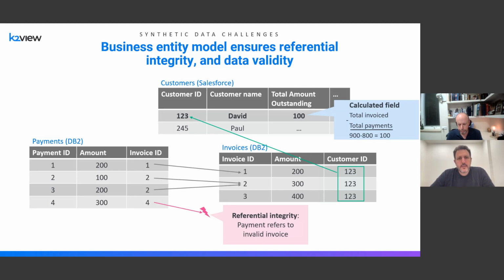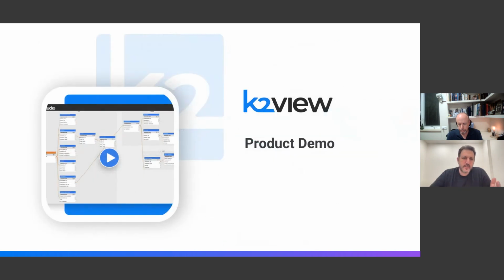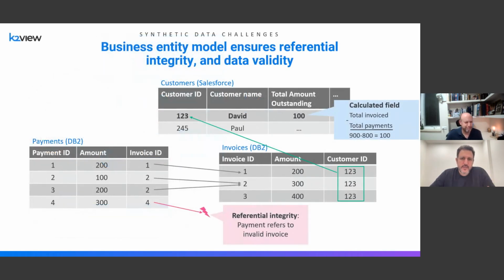It starts at the basic level, where you see that the keys match, where the customer ID is the same over the two systems. But it can be more intricate, where the aggregate over multiple systems has to match.